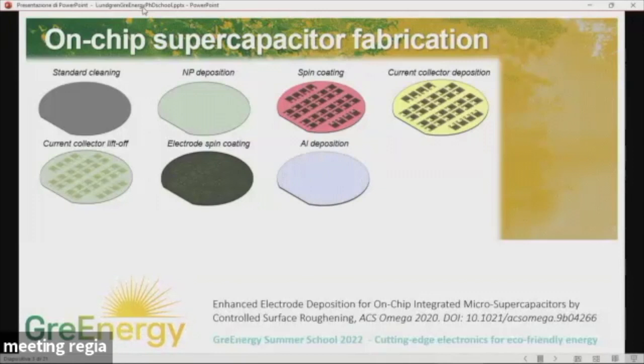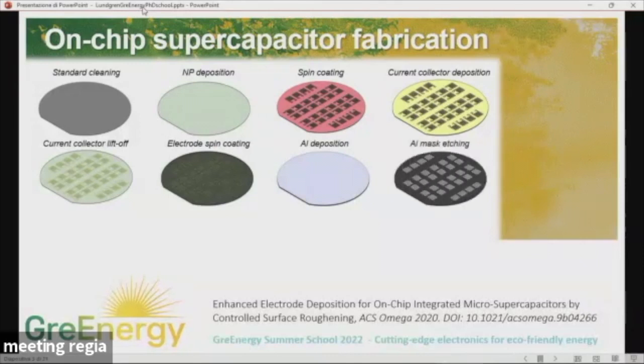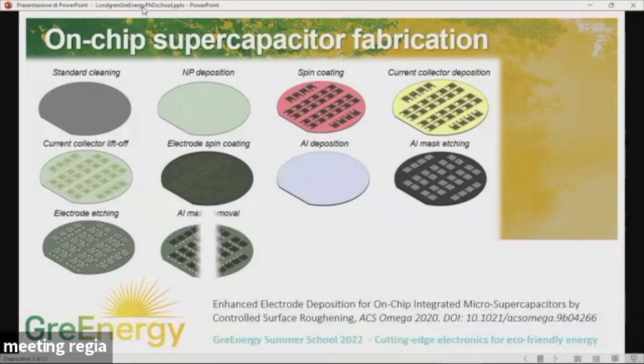We need to pattern that material also in conjunction with the bottom current collectors, and then we make a hard mask technique to do that. So we deposit some metal, we pattern the metal, and with that hard metal mask, we can do electrode etching subsequently, and then we can take away this aluminum layer, in this case, that was the hard mask, and we have active electrode material available for further use.